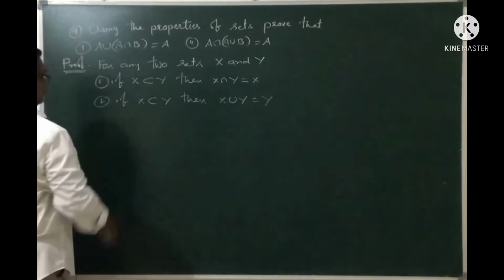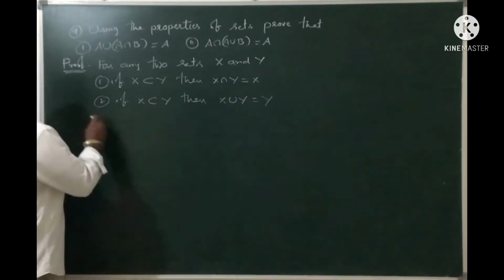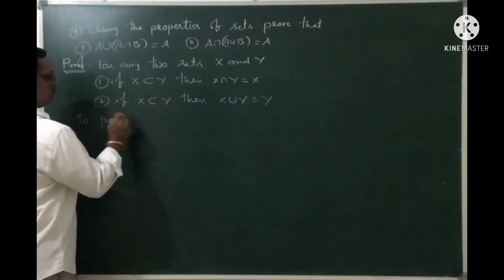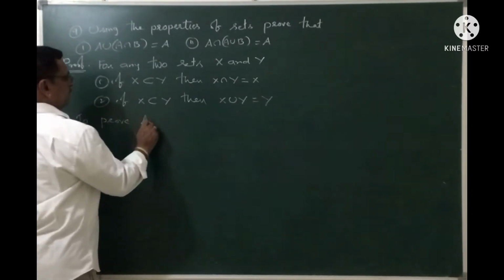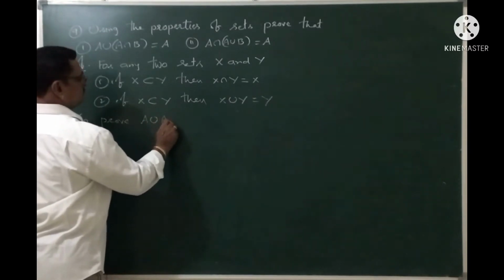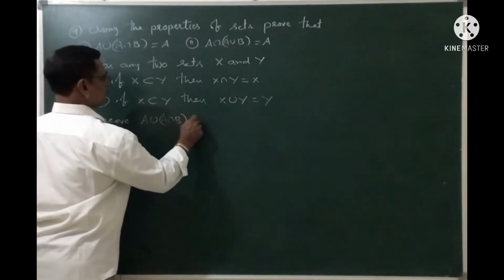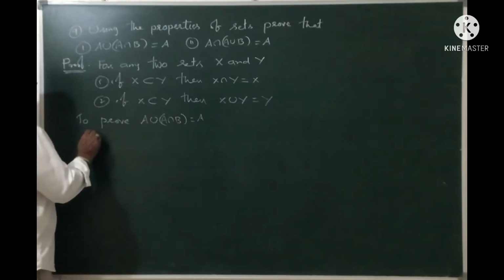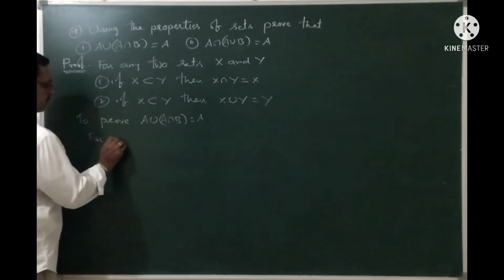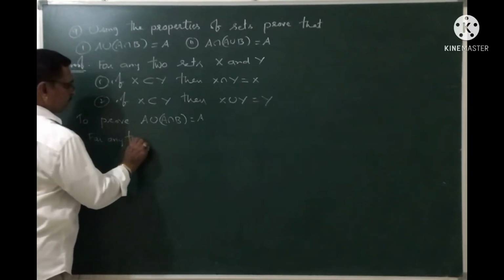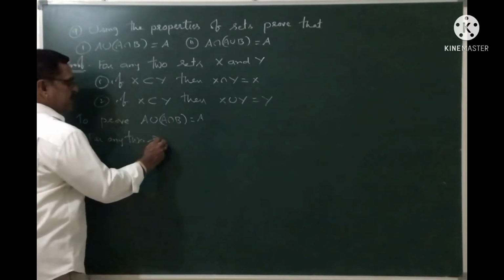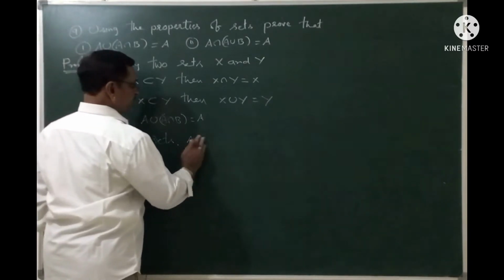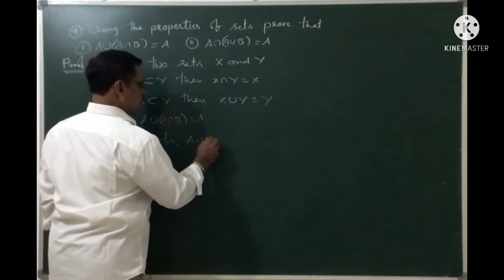Now, first one. To prove A union A intersection B is equal to A. For any two sets, do you agree A intersection B is a subset of A?